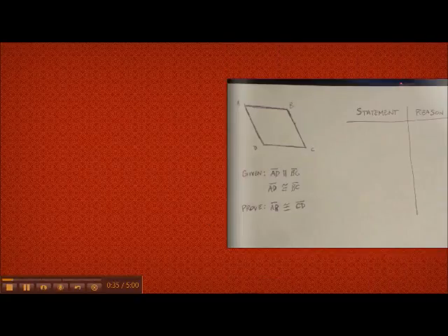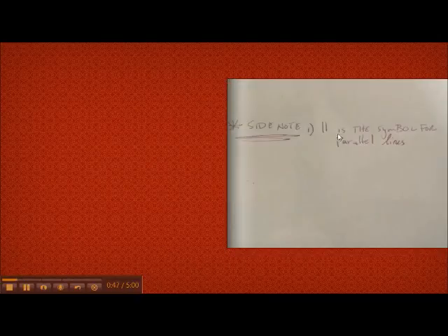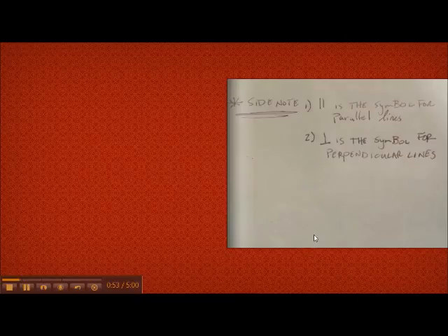So looking at the next piece of a proof, we then start to write any conjectures, any statements that we have, and then we have to write the reasons for why we believe those things. A couple of side notes here. One, as I told you before, this is the sign for parallel lines. Then we've got the sign for perpendicular. Notice it just looks like parallel and perpendicular lines.